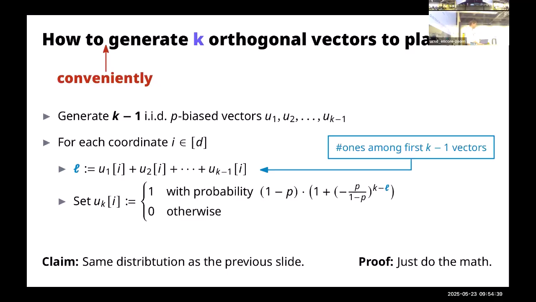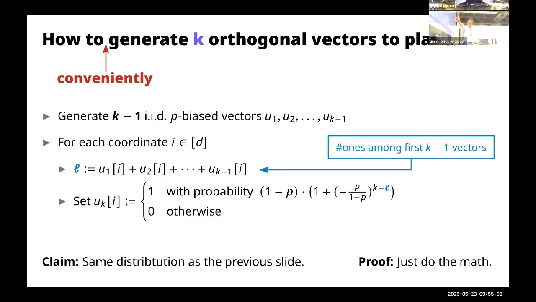Okay. So now I want to convince you that this property of k minus 1 wise independence is a nice property to have, so I will show you an application. Yes, so that they are indeed orthogonal. Sorry? The k vectors are indeed orthogonal.